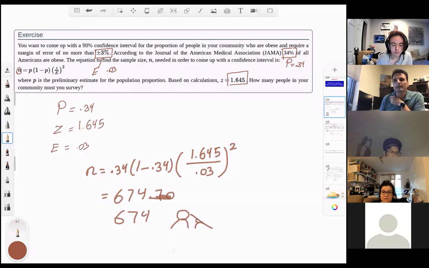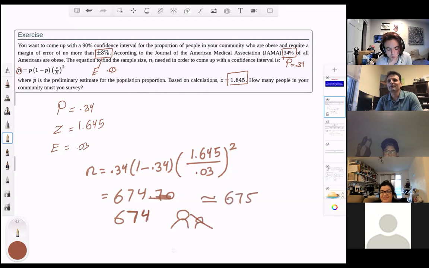Correct? Has to be integers. So we would round. Would we round up to 675? Okay, 675. They didn't ask us, but that's fine. Very good, you rounded up. But for some reason, they should give us more info.